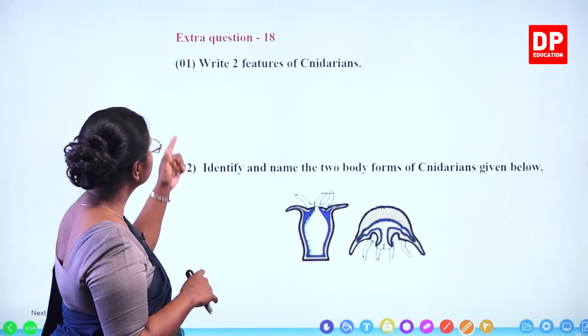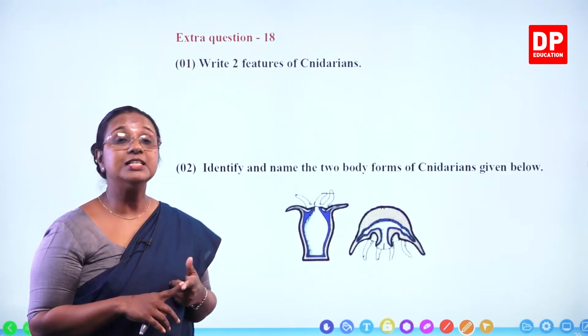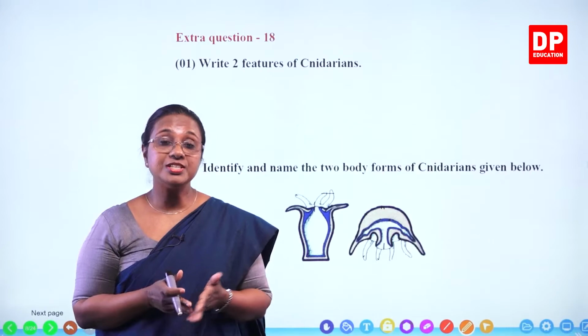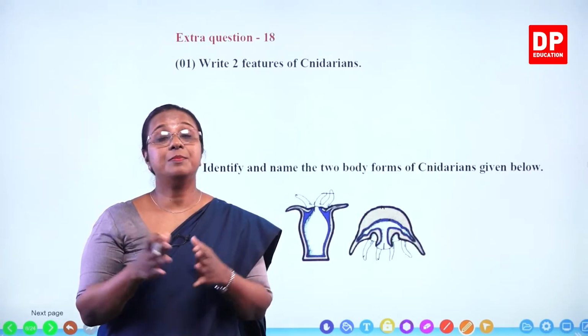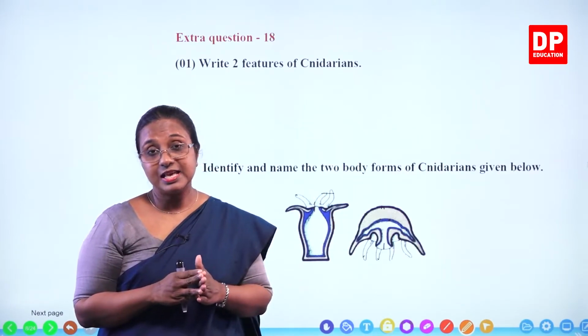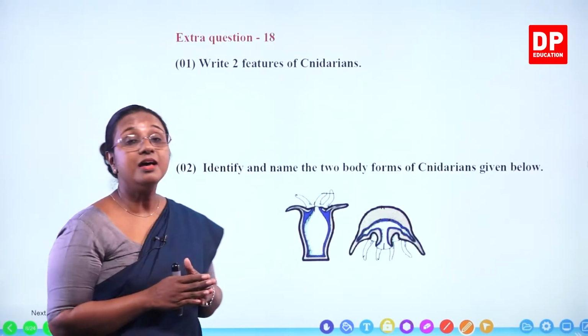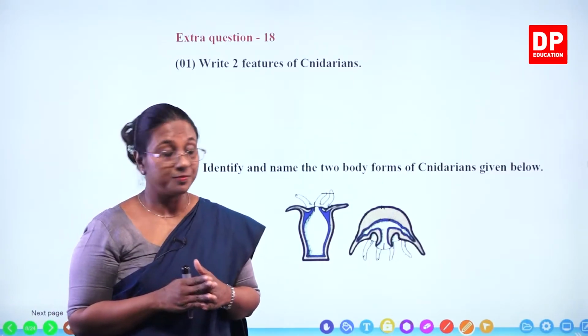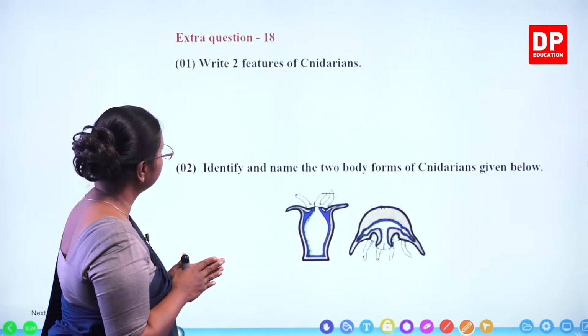And they possess a body cavity called the coelenteron. They have nematocysts or nidocysts to paralyze their prey and consume them. So, they are all predators. And also, they are radially symmetric. Those are the features of Nidarians.